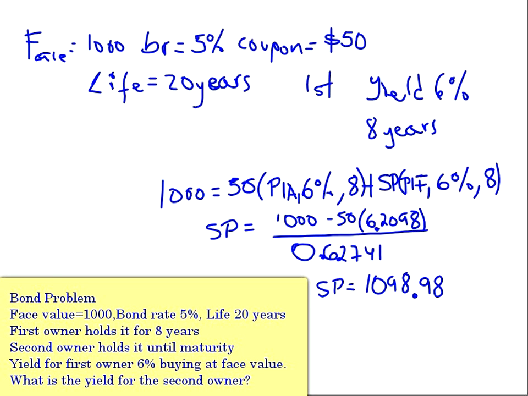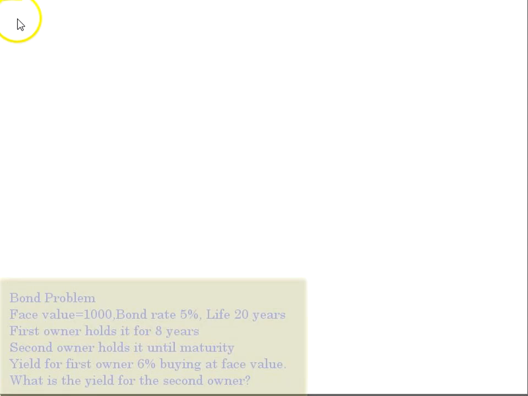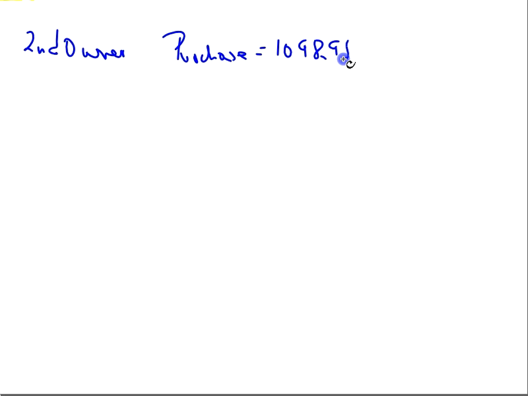Now we need to ask ourselves what happens with the second owner if the second owner holds it to maturity. For the second owner, the purchase price was $1,098.98, and the selling price, if he holds it to maturity, is predefined as the face value, so he's going to sell it for $1,000.